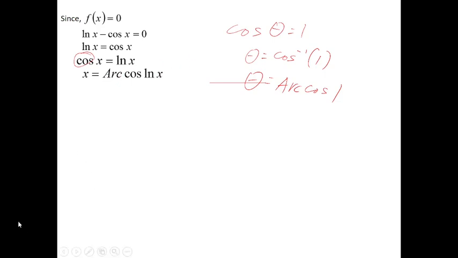Okay? So, diba kapag meron akong cosine theta equals 1, theta is equals to arc cosine 1. Tama ba? So, theta is arc cosine 1. Okay? So, ganito rin dito. X equals arc cosine ln x. Okay?